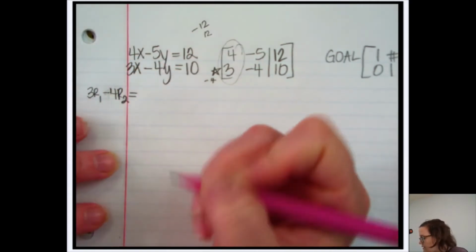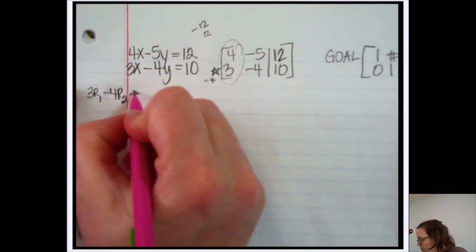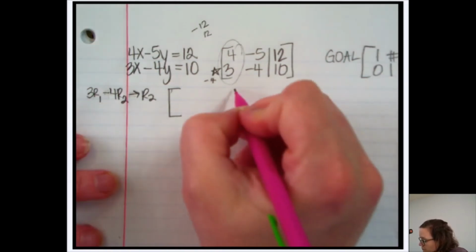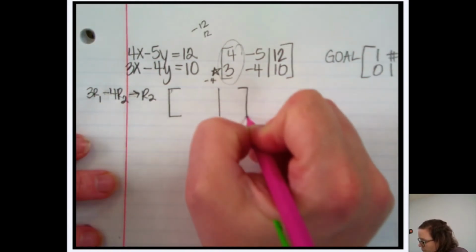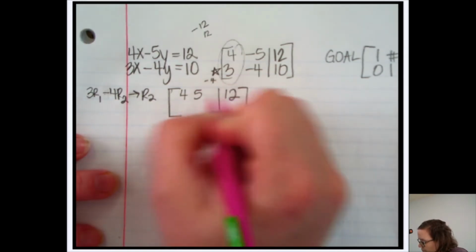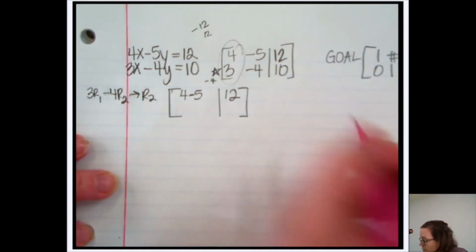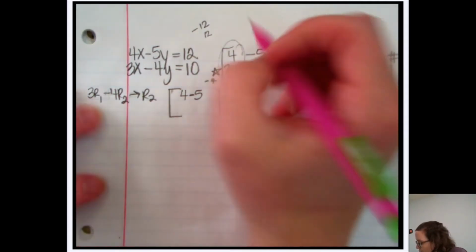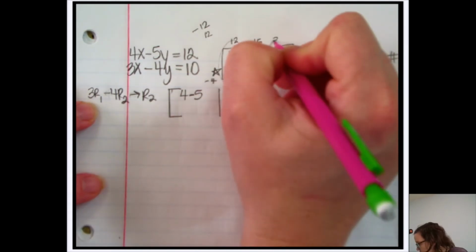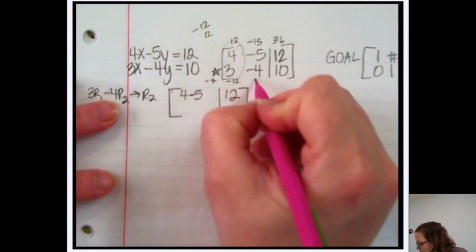And we're going to replace row 2 with that. So 1 does not change. So 3 times row 1, I'm going to put my numbers up top here, and then -4 on the bottom.